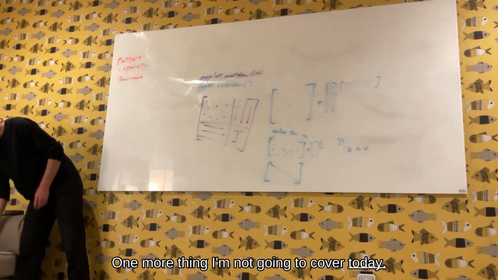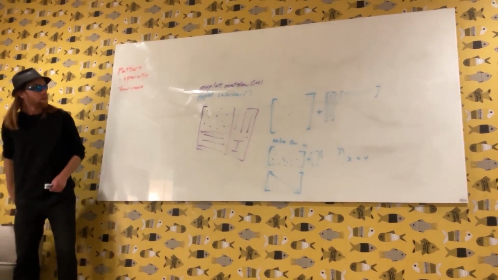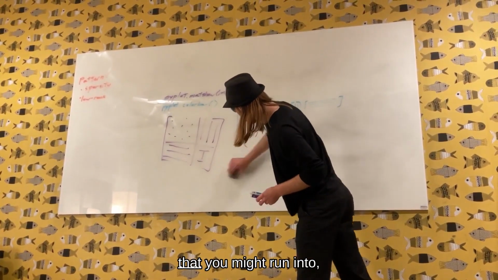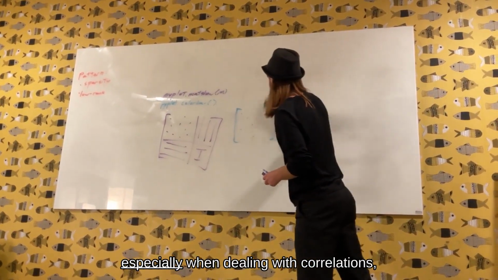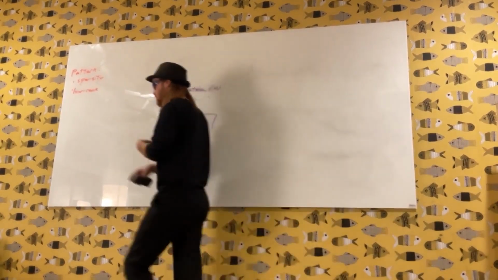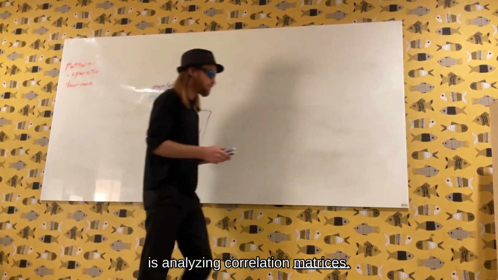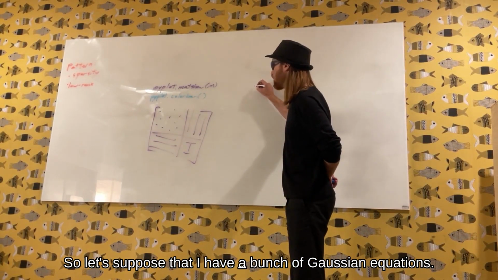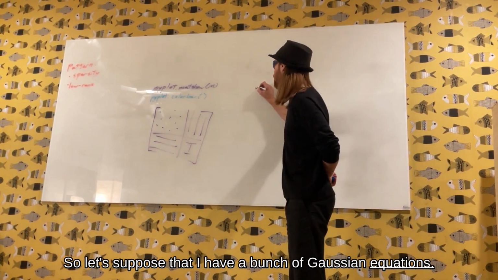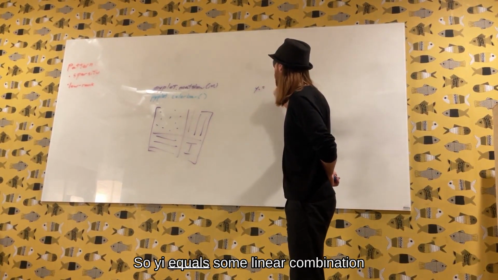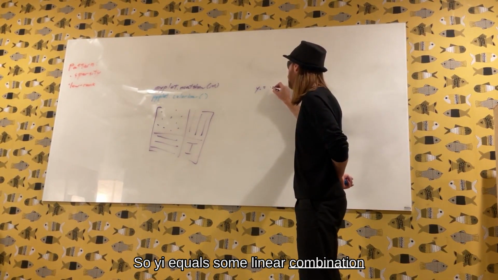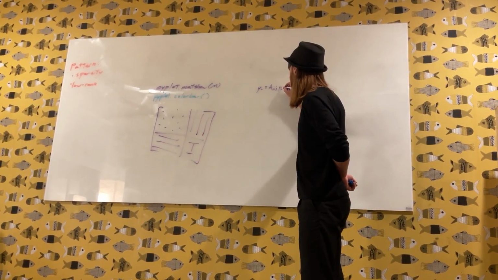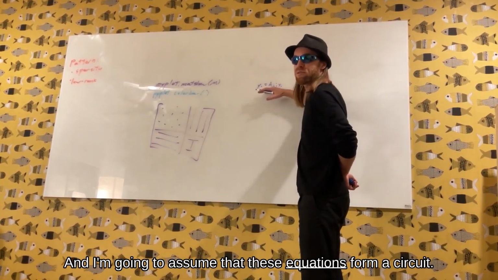One more thing I'm going to cover today. That was actually the most central thing. The last interesting case of structure that you might run into, especially when analyzing correlation matrices: let's suppose that I have a bunch of Gaussian equations, like y_i equals some linear combination, a_ij times y_j, and I'm going to assume that these equations form a circuit.